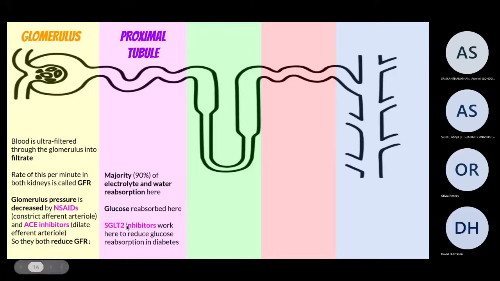They stop your SGLT2 channels from working, so your glucose stays in the tubule, and more of it goes all the way down the tubule into the collecting ducts and out into your urine. Less of it is reabsorbed into your bloodstream, so you get more glucose excretion, so those drugs can lower your blood glucose. That's just a helpful thing to know. They act here, proximal tubule.